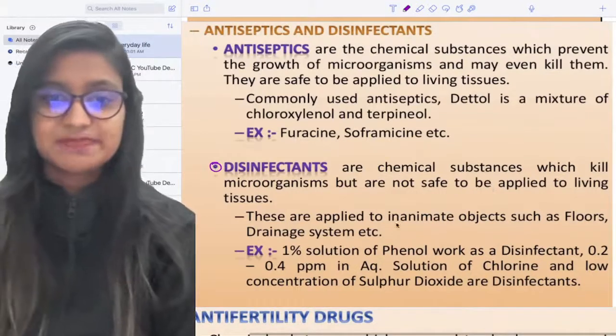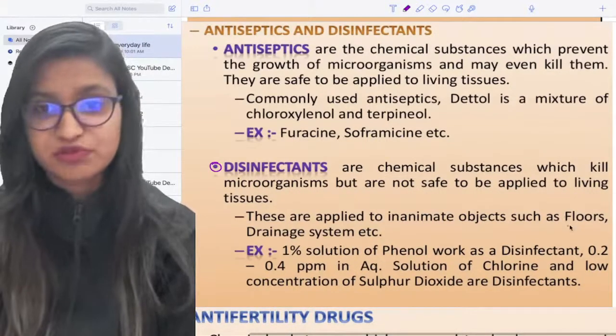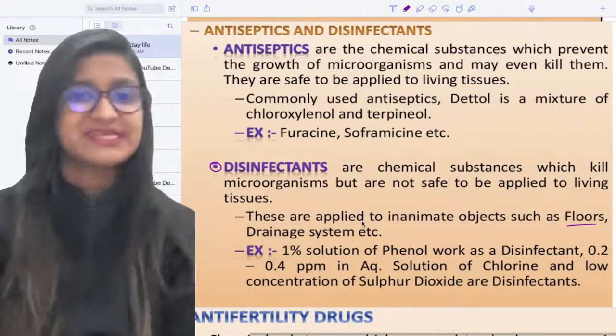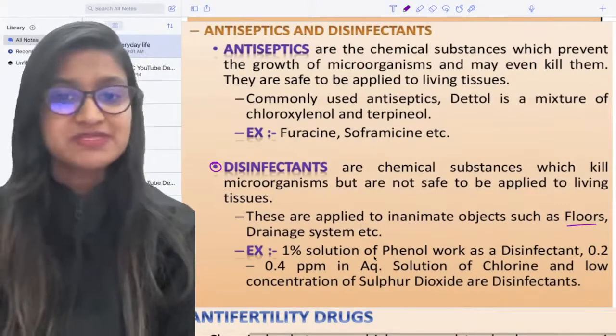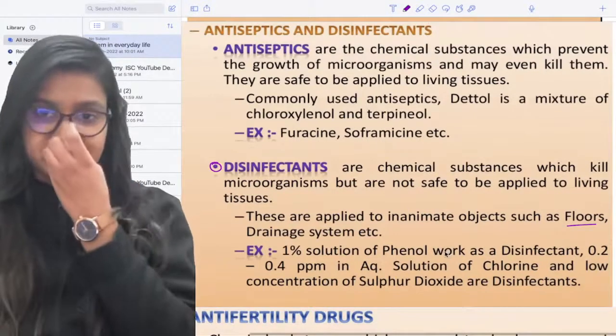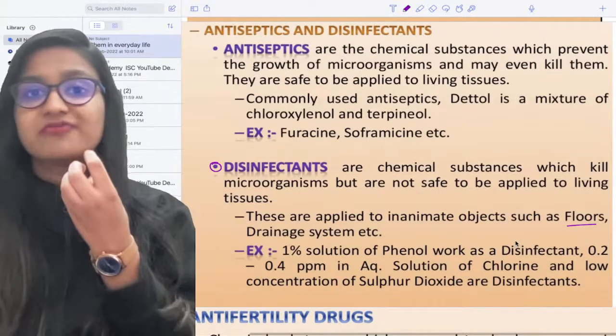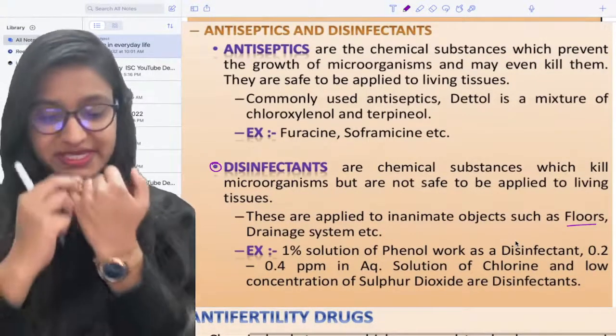So yeah, these are applied to inanimate objects such as floors, drainage system, etc. ठीक है? 1% solution of phenol works as disinfectant. ठीक है? जिसको आप फिनाइल भी बोलते हो हिंदी में. ठीक है?